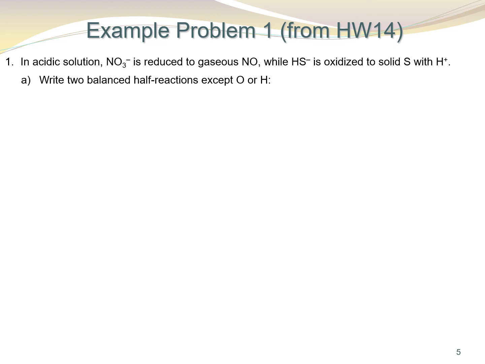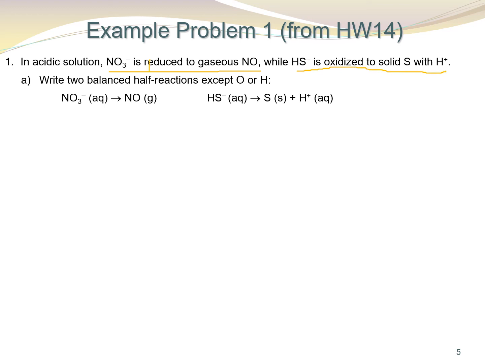Nitrate is reduced to the gaseous NO, while HS minus, hydrogen sulfide, is oxidized to solid sulfur with H plus. From the wording, we can write the 2 half reactions. This is the first half reaction, this is the second half reaction.